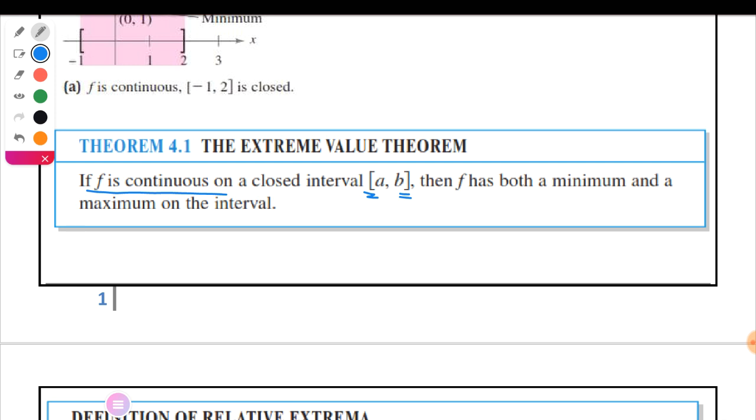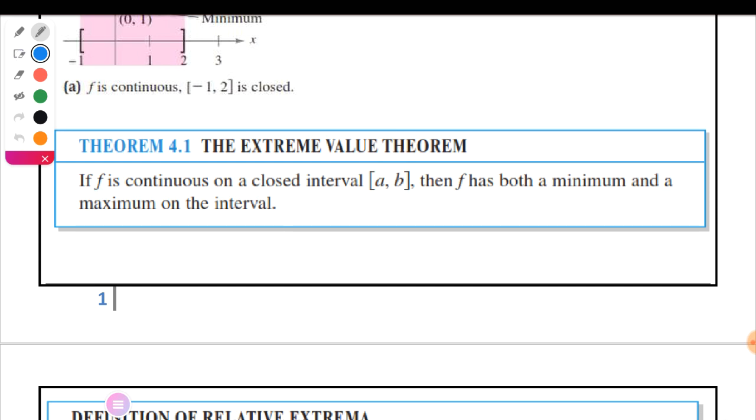Every word matters. A closed interval has a left end and a right end. Then the function f has both a minimum and a maximum on the interval. That is, if we have a function continuous on a closed interval, it will have both a minimum value and a maximum value on this interval.